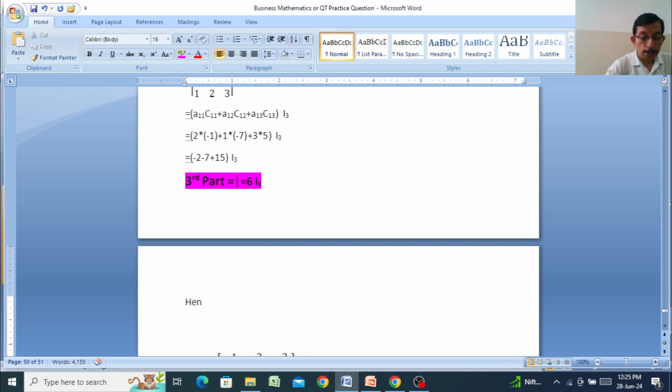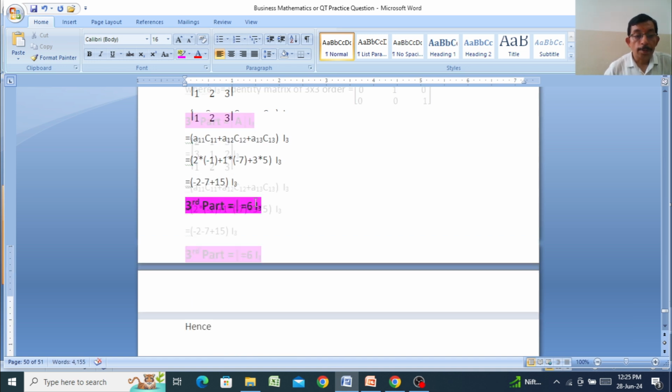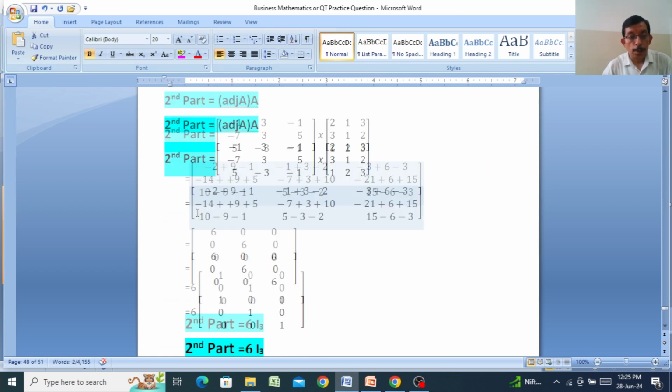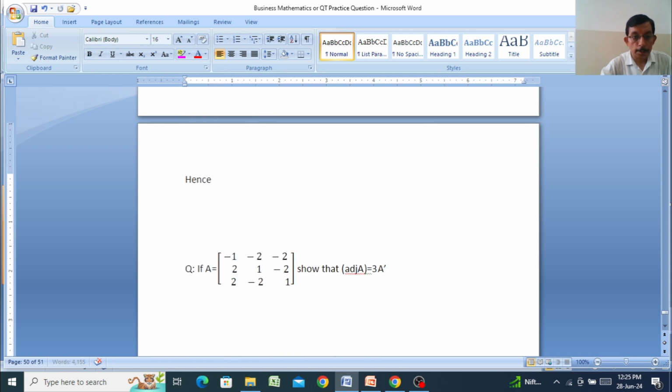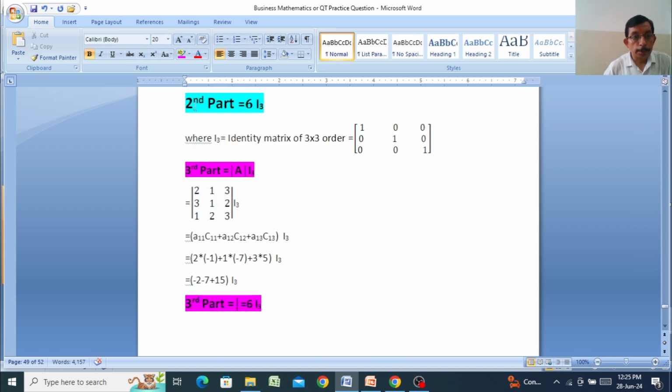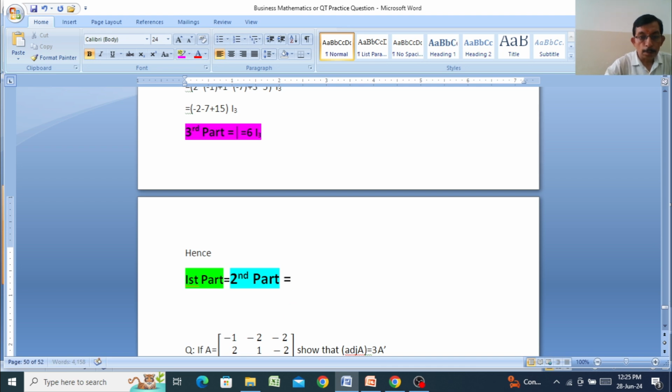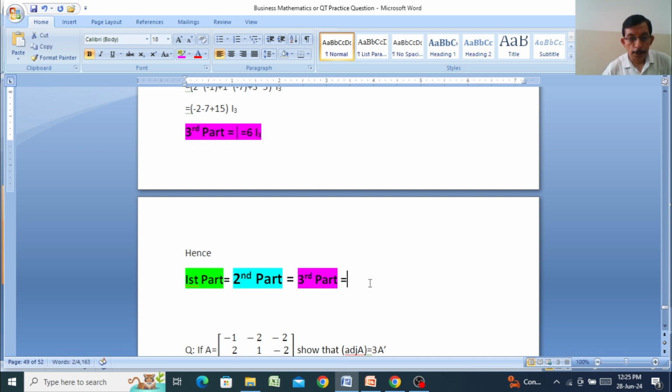Hence first part equal to second part equal to third part equal to 6 I3.